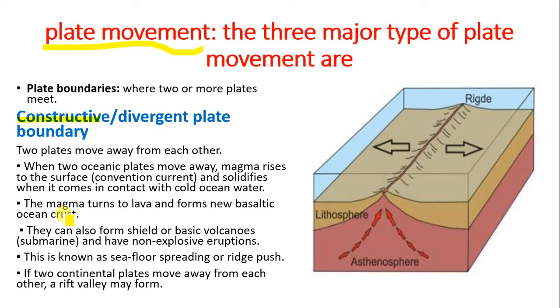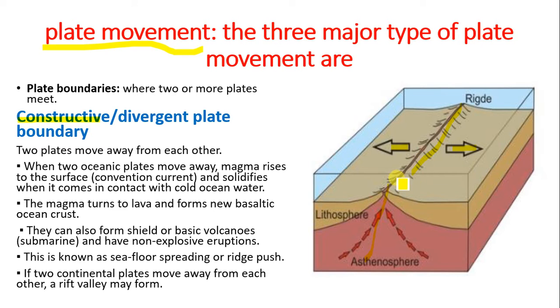So, in the case of a constructive plate boundary, as you can see, the two plates are moving away from each other, which creates space for magma to erupt to the surface. Once magma leaves the mantle to the surface, it's now called lava, and it solidifies to form a volcano.